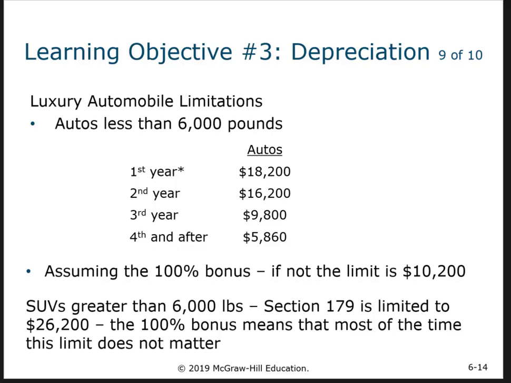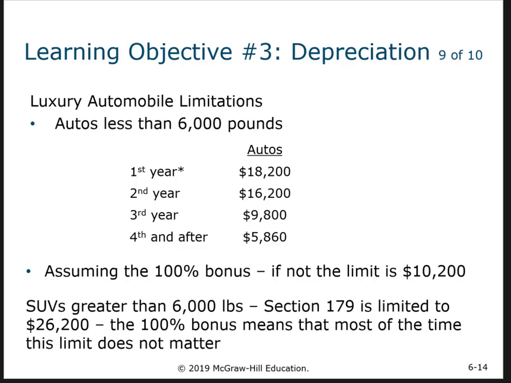$16,200 in year two. So in 2021, you do $18,200. 2022, you do $16,200. Okay, year three is $9,800. That would be 2023. In 2024 and each year after that, it would only be $5,860 each year until it is fully depreciated.